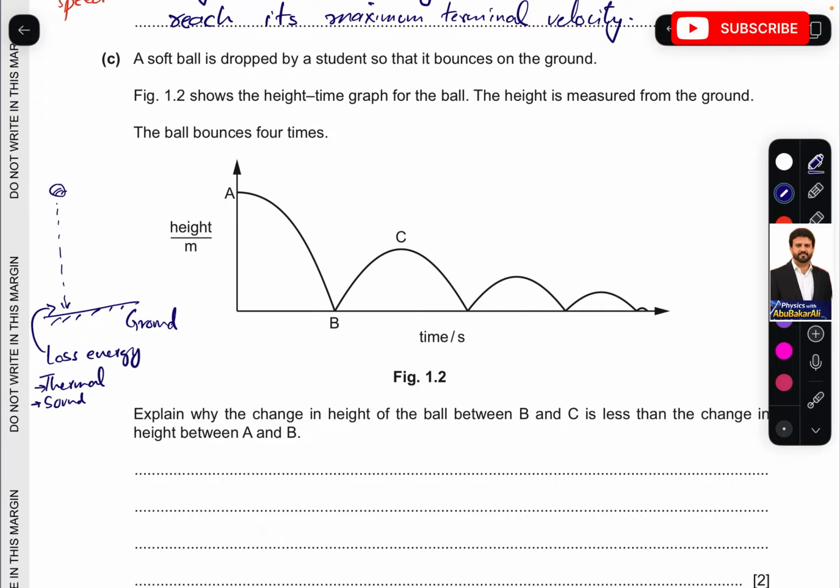So it's losing energy basically. When it loses the energy, it will not have enough energy to go back to the original height, so it will go to a lesser height. Again it will lose energy here and then gain less height than before. Then again lose energy here and gain lesser. And eventually this will die off and it will be at rest.